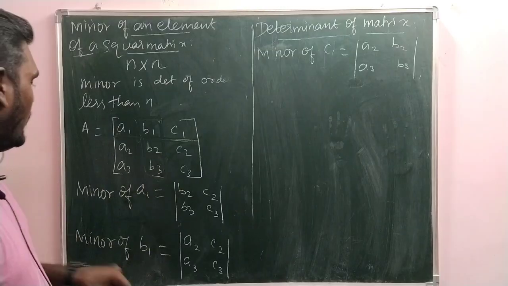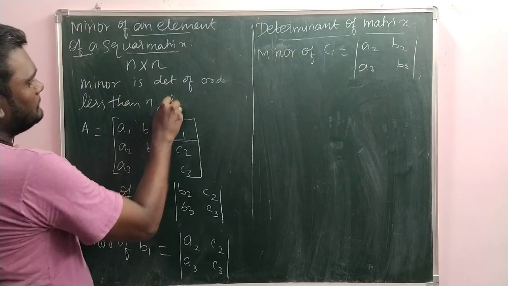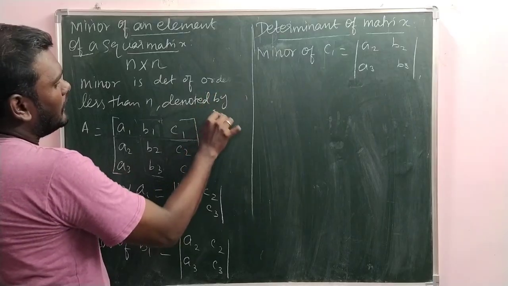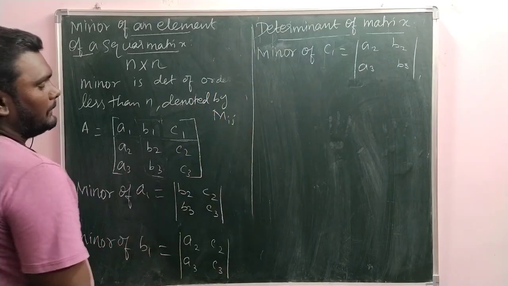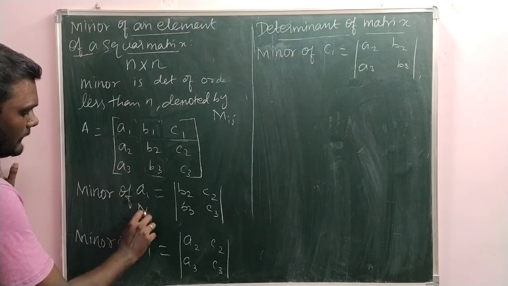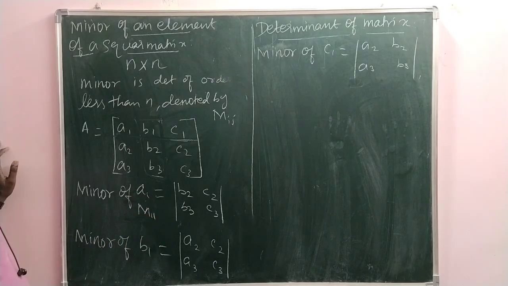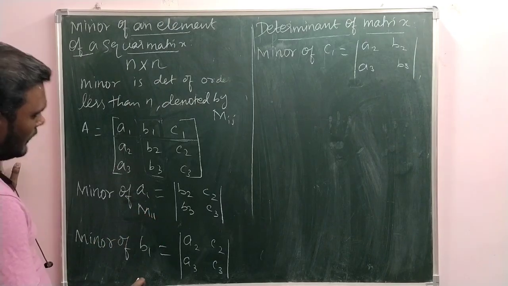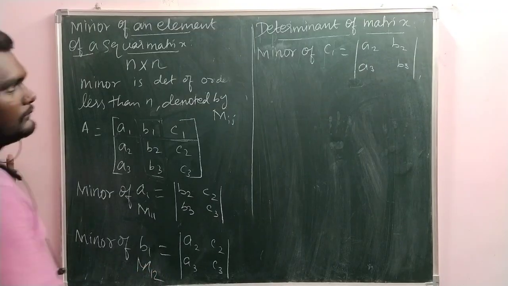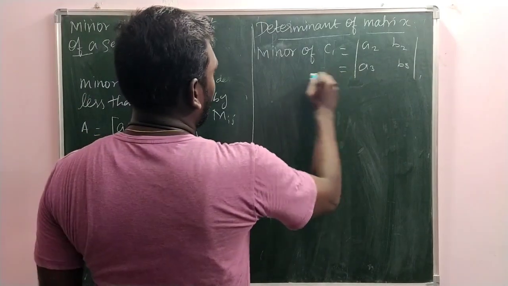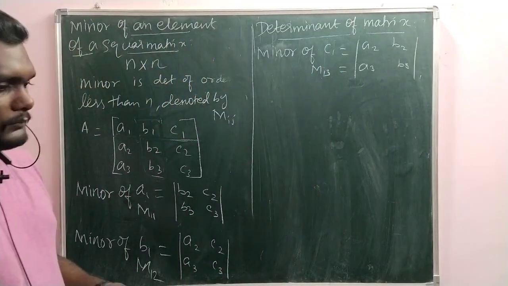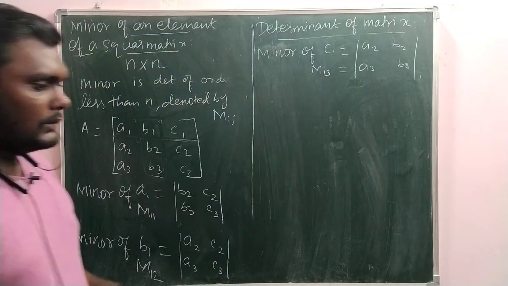These minors are denoted by Mij. This is A1's minor, so that is M11. This is B1's minor, B1 is which place? M12, and this is M13. That is what minor is about.